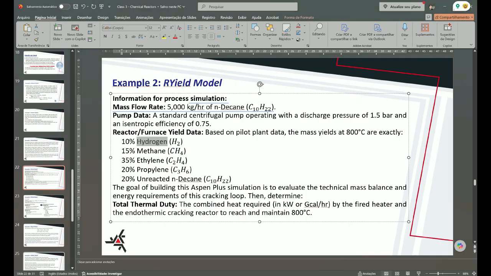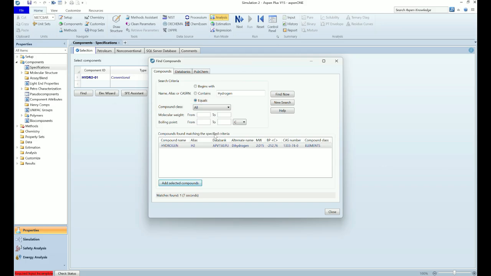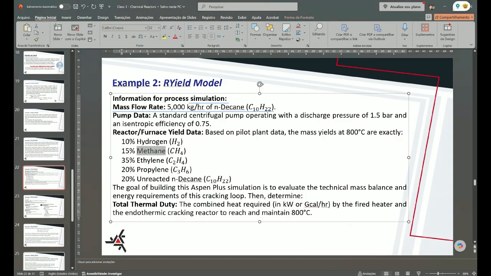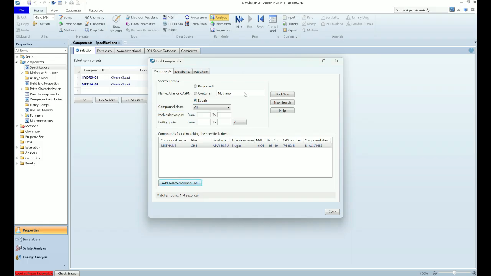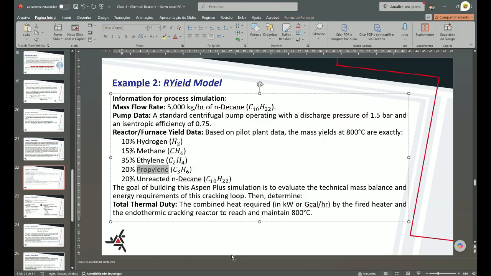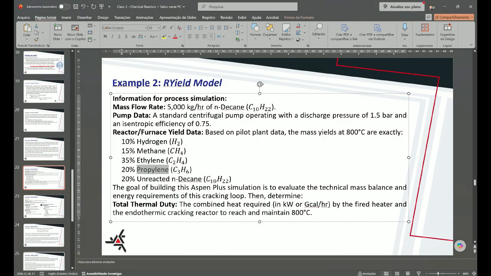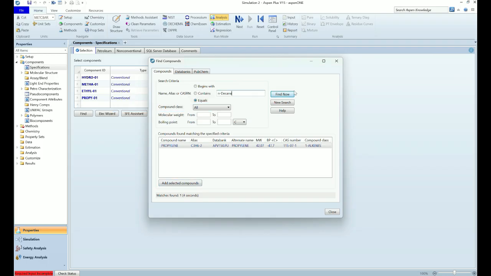Let's add hydrogen, let's select methane, ethylene, propylene, and NDK, which is our reactant, right?